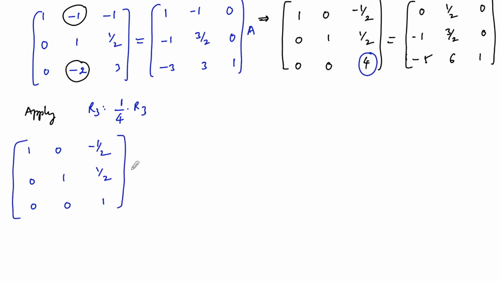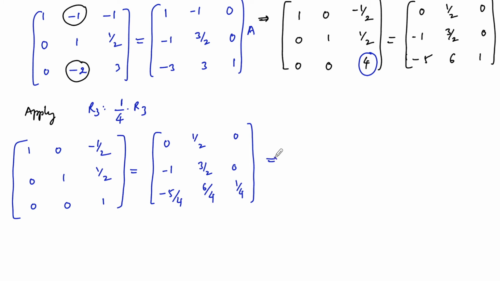Let's apply the same to the other side. 0 1 by 2 0, first row as it is, second row as it is, and third row minus 5 upon 4, and let me write 6 upon 4, and then 1 upon 4. Now using this as 1, make the remaining elements as zeros.